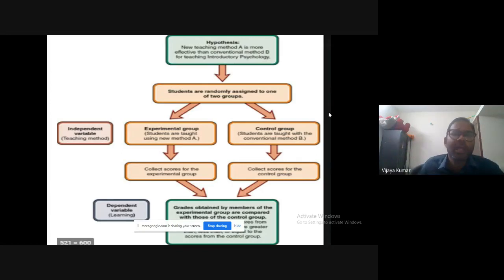First of all, every researcher will have a hypothesis or they will have a research question. So regardless of the design you choose, your research starts with a research question. Actually, it doesn't start with a question per se, it starts with a problem.